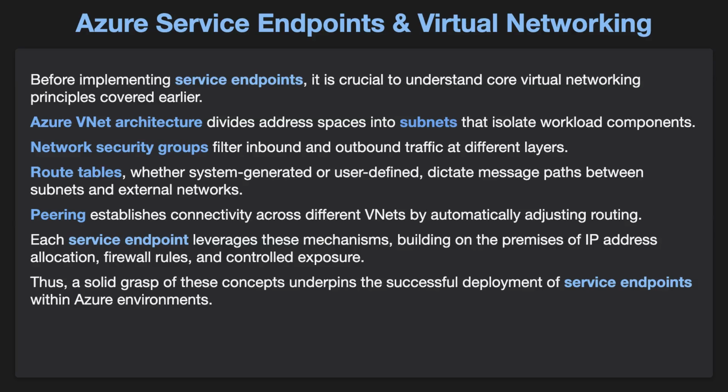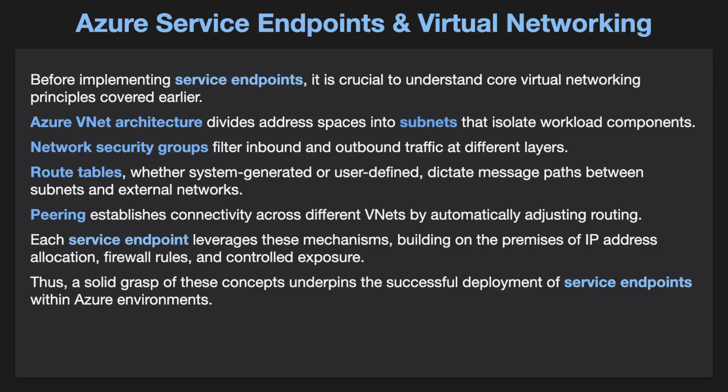Before implementing service endpoints, it is crucial to understand core virtual networking principles covered earlier. Azure VNet architecture divides address spaces into subnets that isolate workload components. Network security groups filter inbound and outbound traffic at different layers. Route tables, whether system-generated or user-defined, dictate message paths between subnets and external networks.